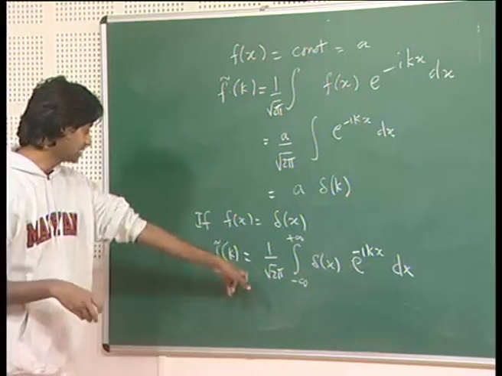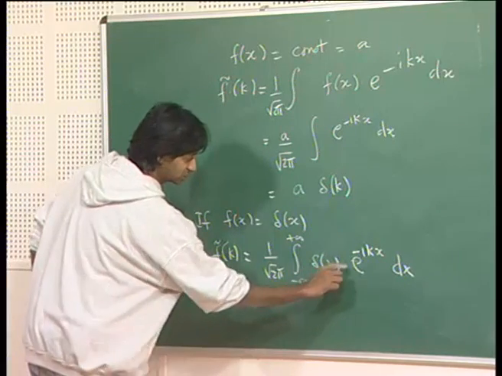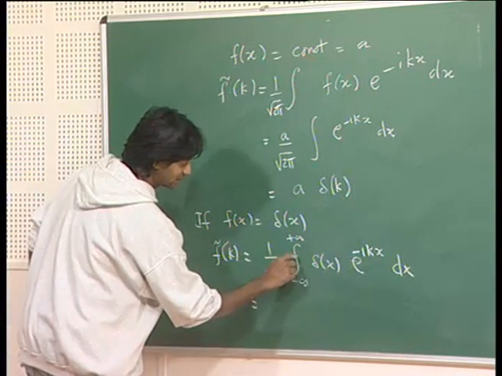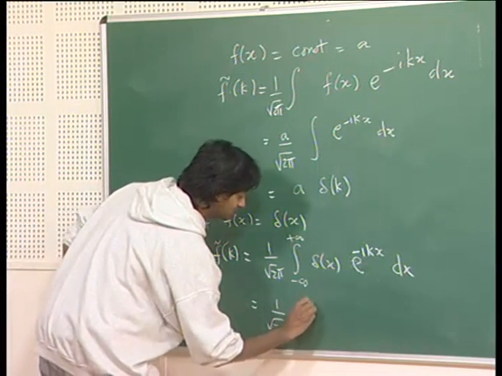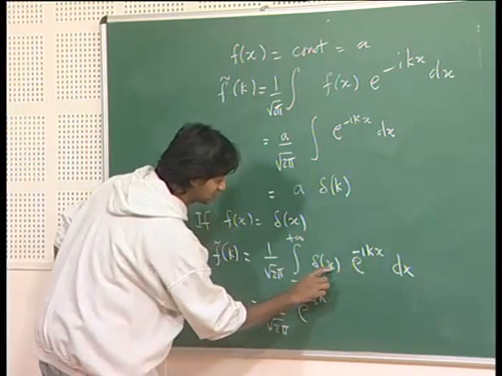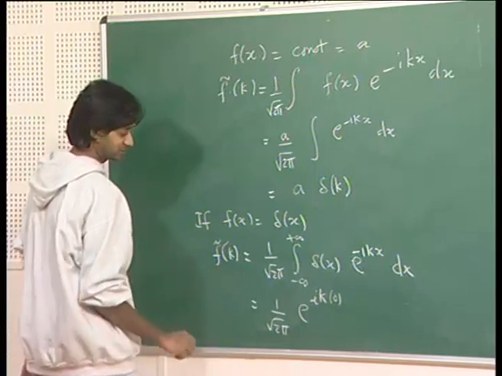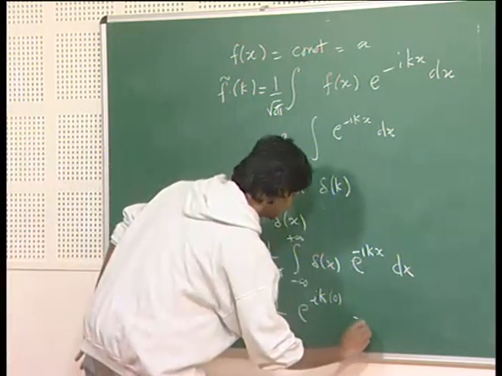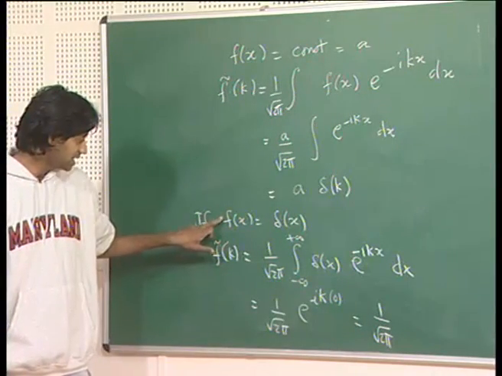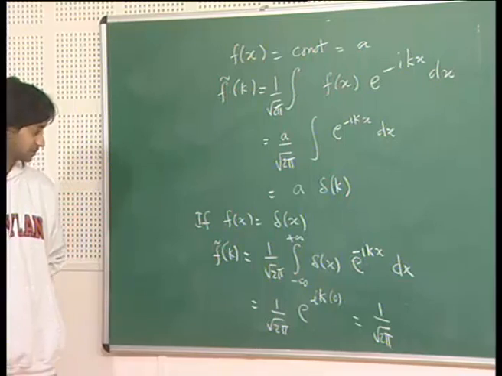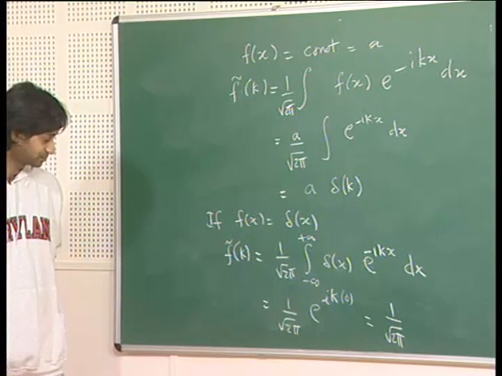And you can immediately see that to do this integral, I can just write 1 over root 2 pi, then e to the i k, and instead of x I put 0 because I have delta of x minus 0. So i k times 0 is 0. Okay, so I just put the value of the function at x equal to 0, and this is just 1 over root 2 pi. Okay, so f tilde of k is just a constant. Okay, so this is the property of these Fourier transforms.